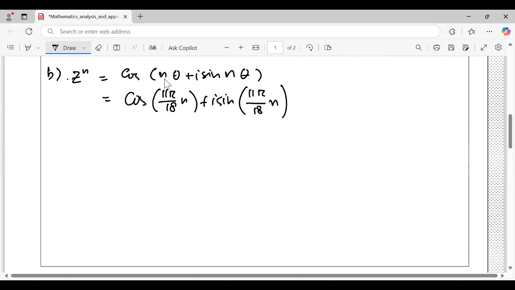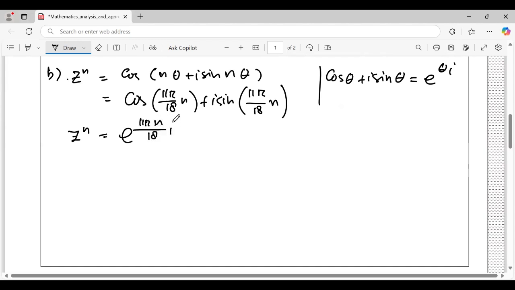According to Euler's formula, cosine theta plus i sine theta is equal to e power theta i. So I would like to write that Z power n equals e power 11 pi n over 18 i.